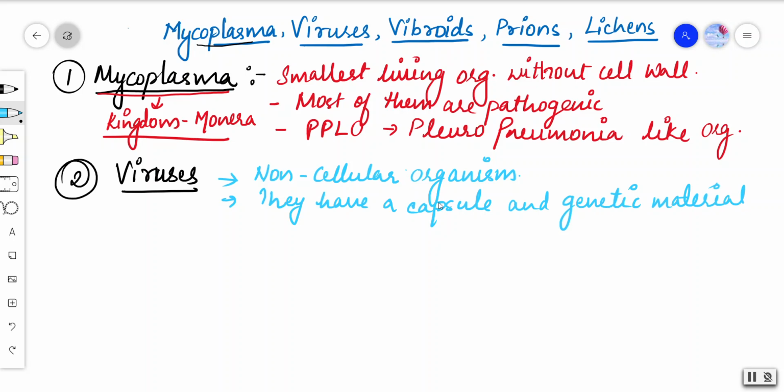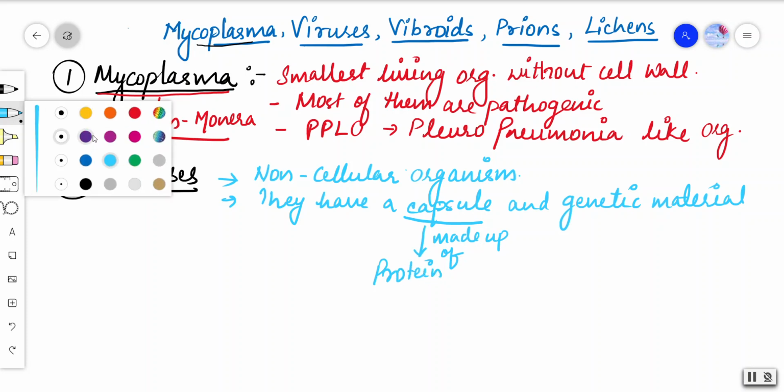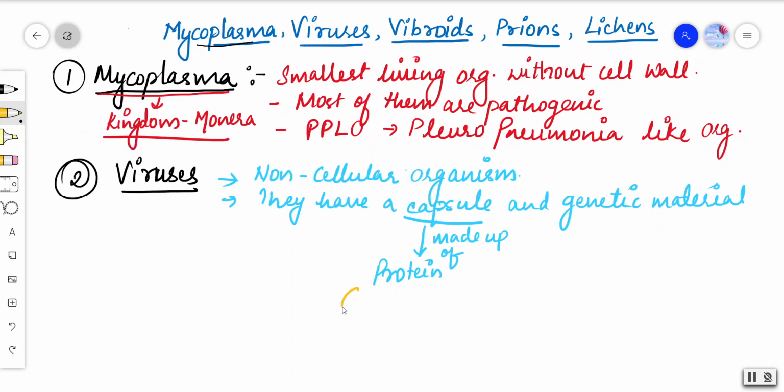The capsule is made up of protein and is known as capsomeres. Okay, made up of protein and known as capsomeres. Clear?